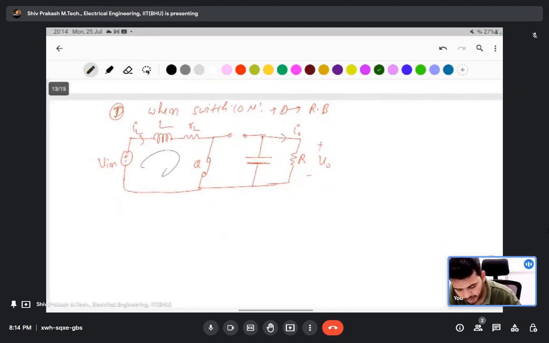The same, apply the KVL here and here. Then we find VL. So VL is equal to V in minus IL into RL.